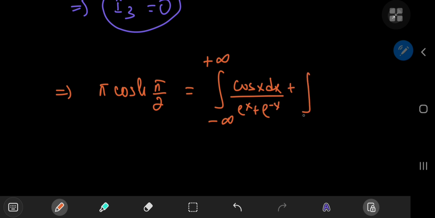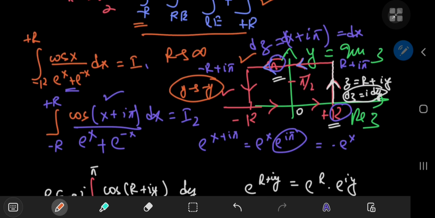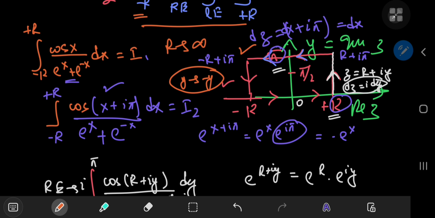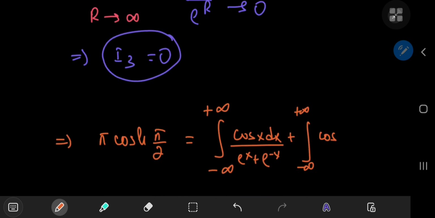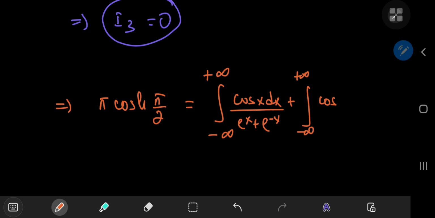And the other integral you had was the integral from negative to positive infinity of the cosine of, let me remember, where was I sub 1 here? And this is I sub 2. It was x plus i times pi divided by, yeah, the same thing. Negative to positive infinity in the limit as r goes to infinity, cosine of x plus i pi divided by e to the x plus e to the negative x dx.